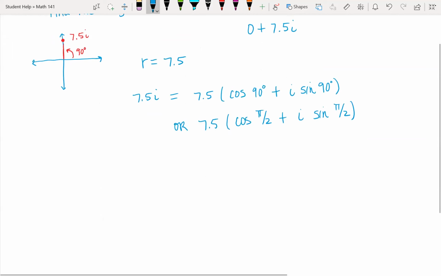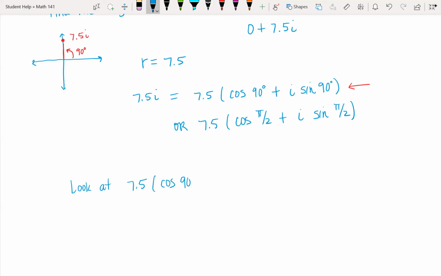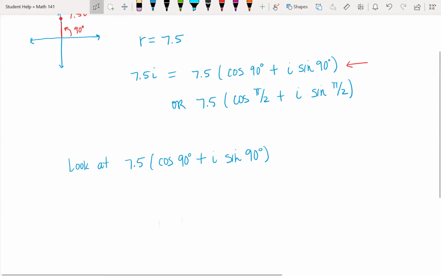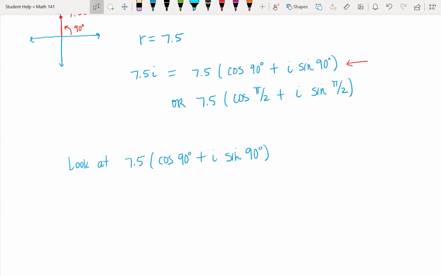Now, just to kind of show you what's happening, I'm going to consider this first version here. Let's look at 7.5 cosine 90 degrees plus I times the sine of 90 degrees, the trigonometric form. And if I found this and I wanted to know where that was in a graphing perspective, I would just think about what the cosine of 90 degrees is.